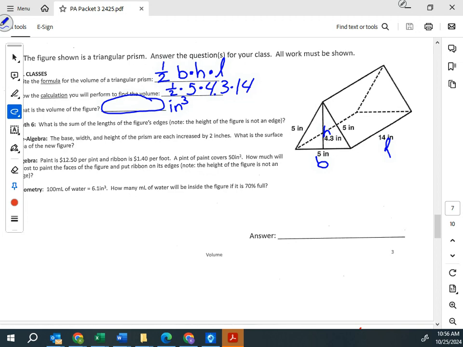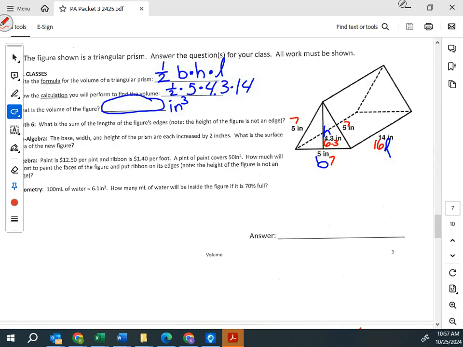So what I did was I actually wrote it on here. Said, well, okay, this is going to be 7, this is going to be 16, this is going to be 7, 7, this is 6.3, and I figured out what each of those new areas are for the triangle and the rectangle, based off of increasing everything by 2 inches.